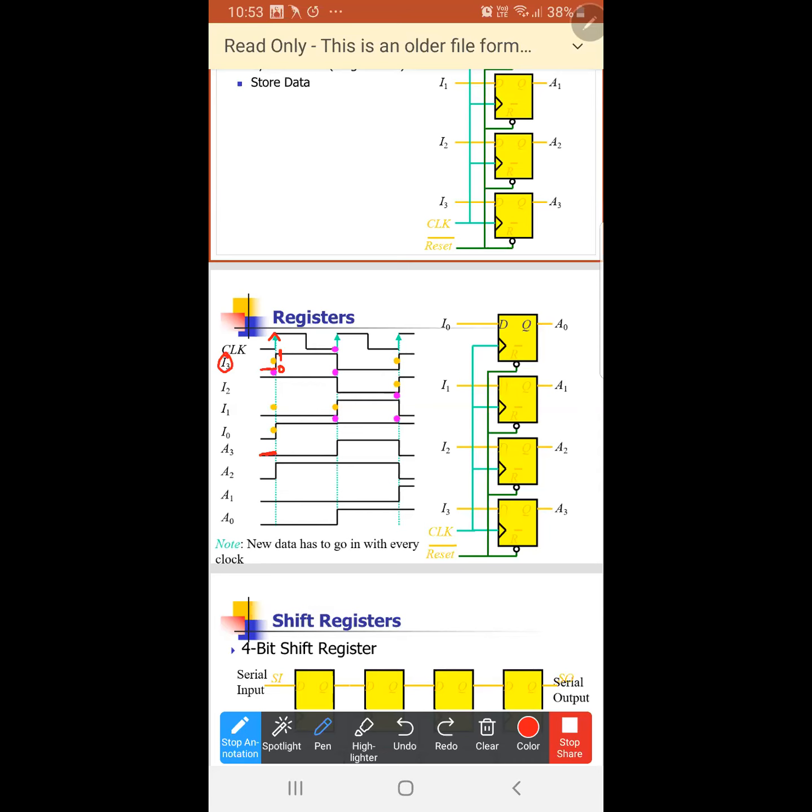Can you notice this? But if you see I2, I2 is 1 with the clock. It's clear. I1 is 0 here. It's clear. But what is the case for I3? It is changing from 0 to 1. So I need to choose either 1 or 0. Which value do I need to choose? How will you decide, because there are two values at the edge?